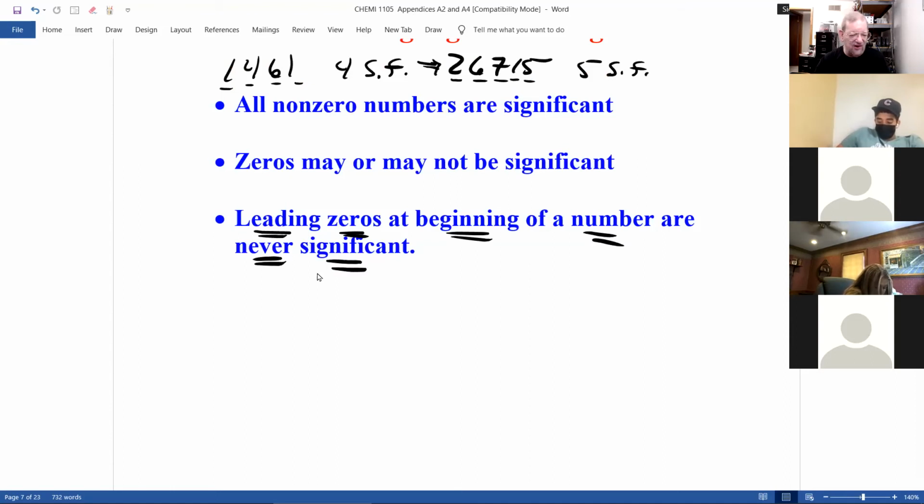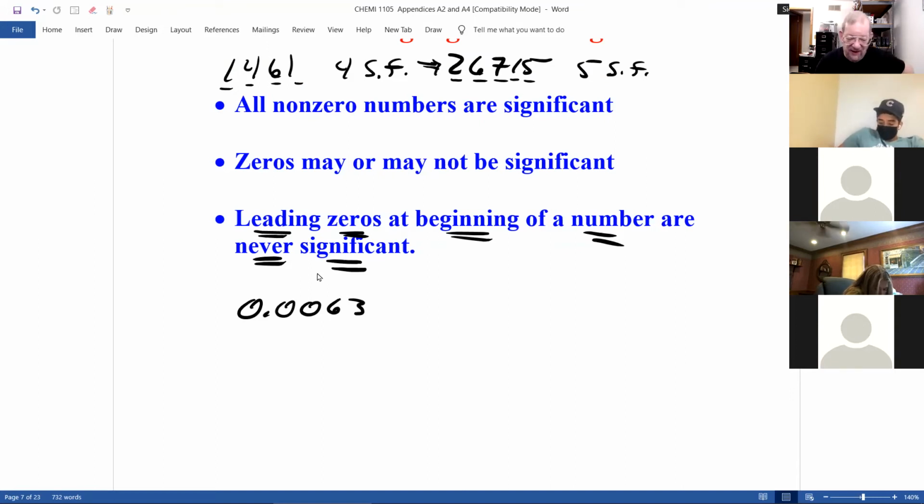Now, I write my decimal, and you don't have to, but I like putting a 0 in front. And the question is, how many significant figures, and this is a skill you'll need for test 1, test 2, test 3, test 4, and the final. If you don't know how to do this, you're going to lose points on each of those tests.